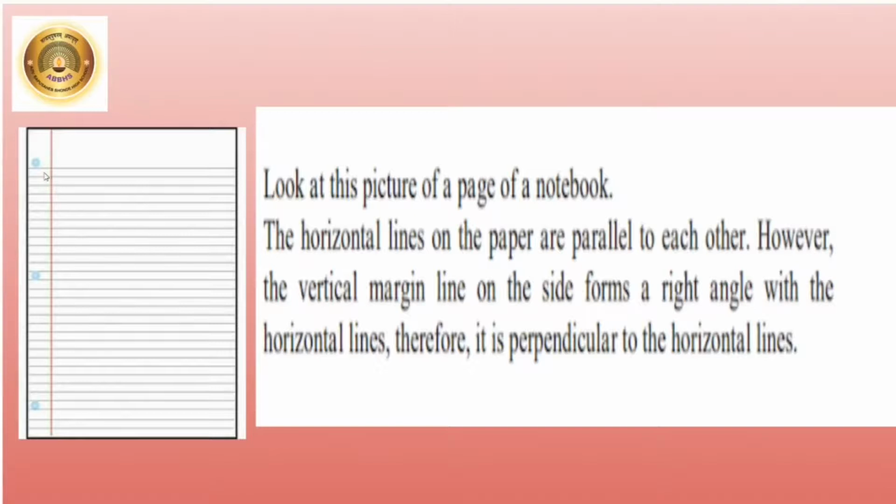But if you take the margin, the vertical margin, it is perpendicular to each of these horizontal lines. It will form a right angle with all these parallel lines. That is, the vertical margin is perpendicular to the horizontal lines.